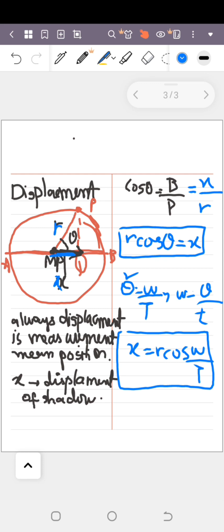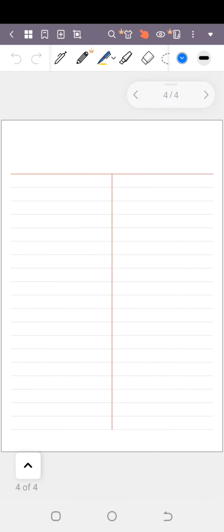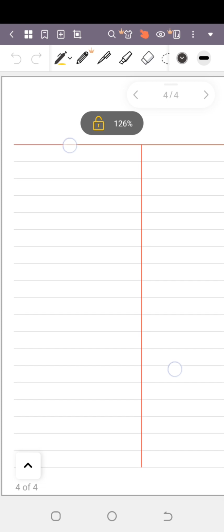So now let's discuss the maximum displacement and minimum displacement. Maximum displacement.